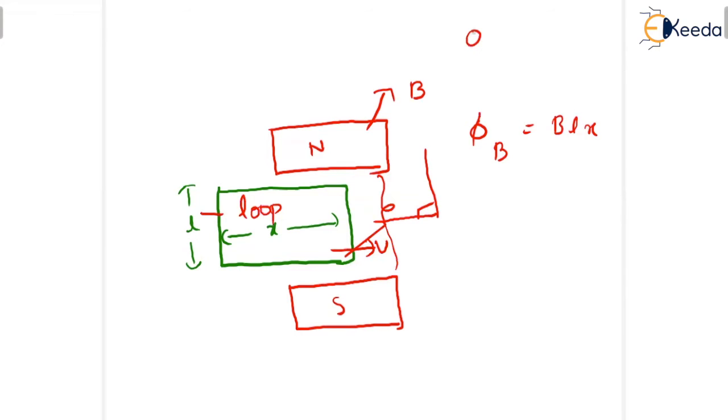Flux equals B into A. But what is the area? Area is equal to this length l into this width x, my dear students. So the flux generated, phi B, equals B into l into x. So this is the flux that is generated.